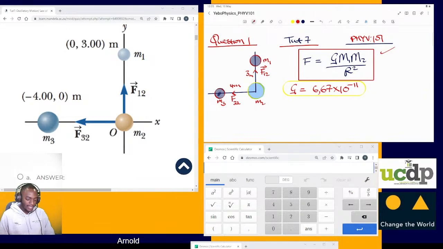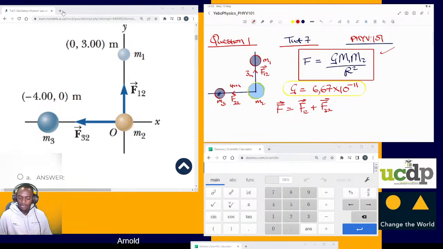So our resultant force, which we're looking for, F, will be equal to the magnitude of force 1 on 2 plus the magnitude of force 3 on 2. So we are now going to calculate F1 on 2 and F3 on 2 independently.